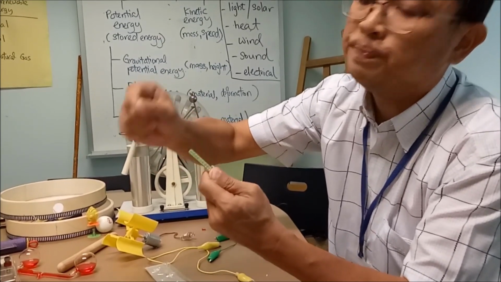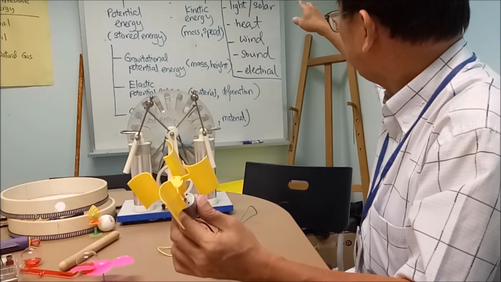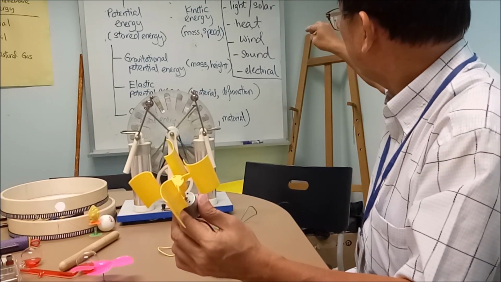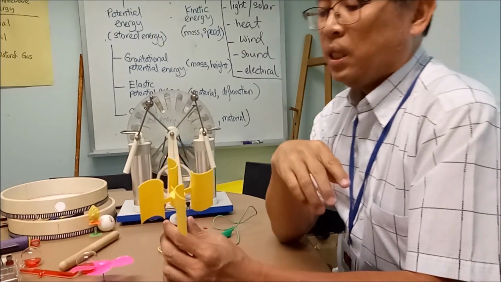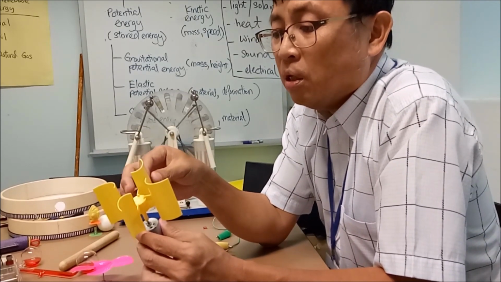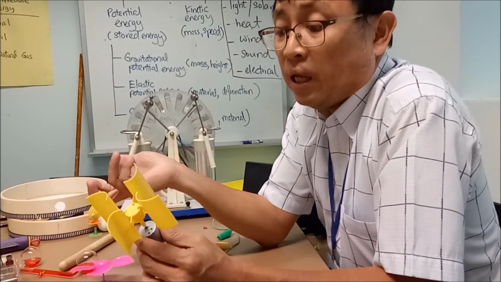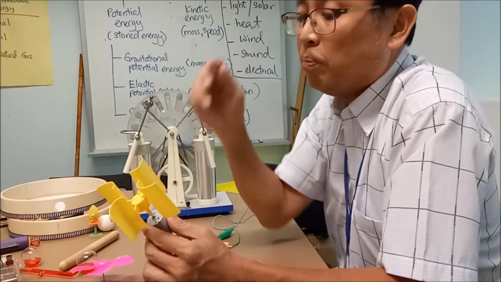of light energy. Okay, so we have talked about solar energy, which is light energy, we talk about sound, we talk about electrical, we talk about heat, now wind. Now in many countries, they don't use fuel like us to give you all the electrical supply.